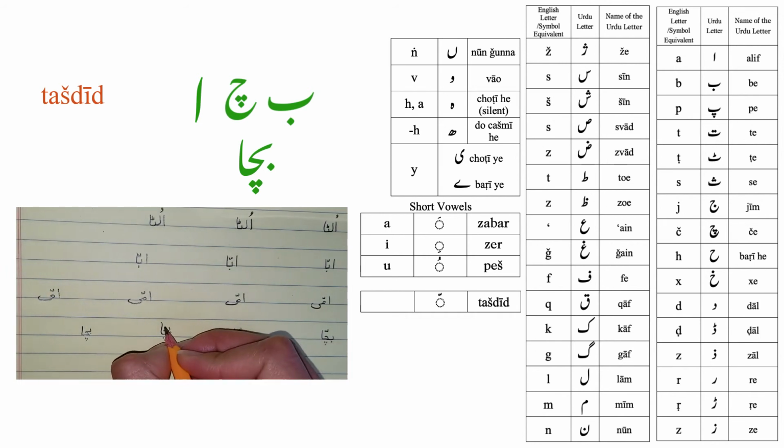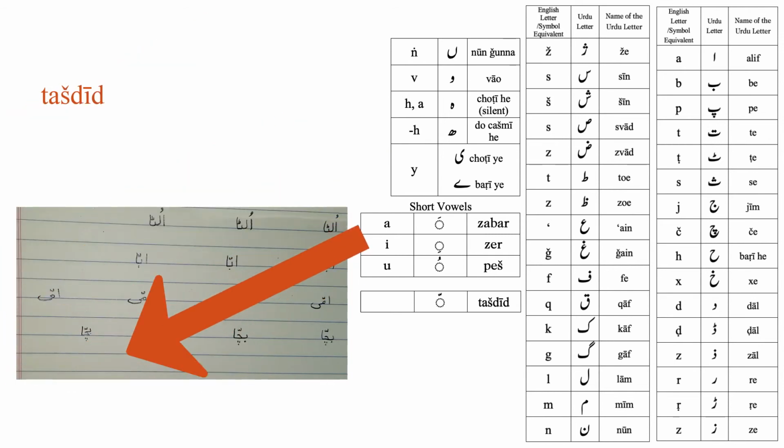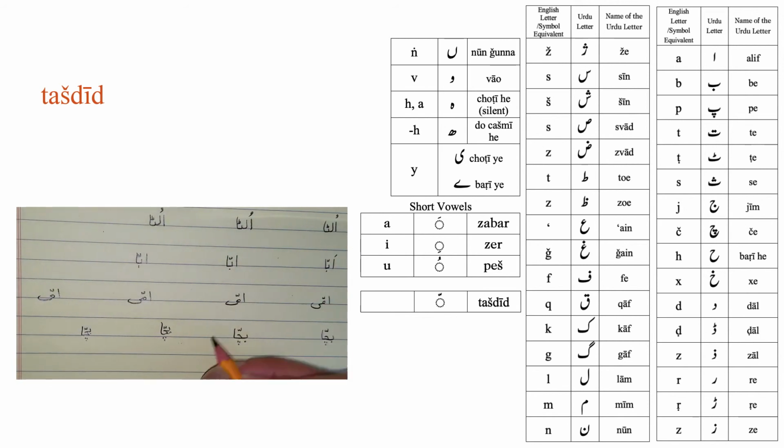Oh, and here's a question for you. Which symbol does abba make use of? If you said zabar, then you're exactly right. There is a zabar on top of alif, producing that sound. How about ammi? Exactly.